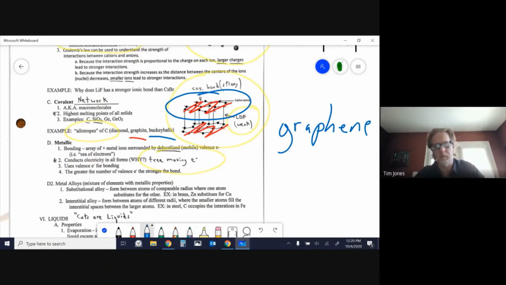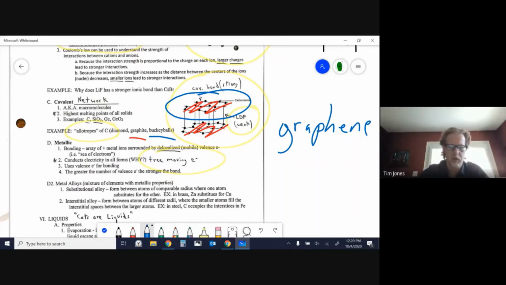Now, it isn't 2-dimensional. It does have a thickness of 1 atom, but it's getting close. There's an interesting story behind its discovery and uses. It's actually being researched right now to be used for a variety of electronic applications.